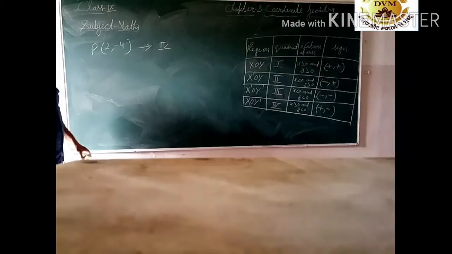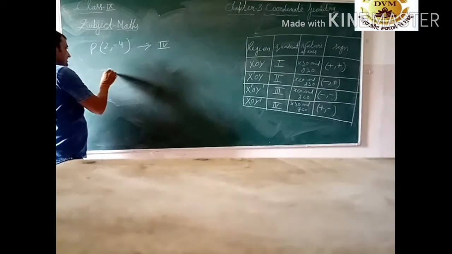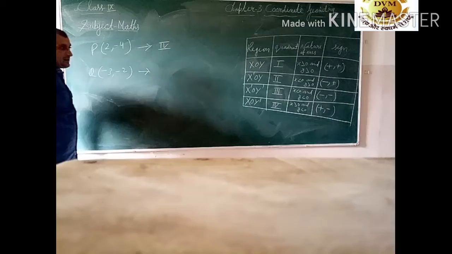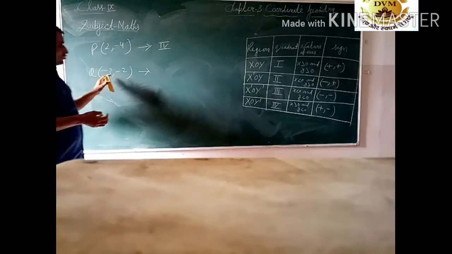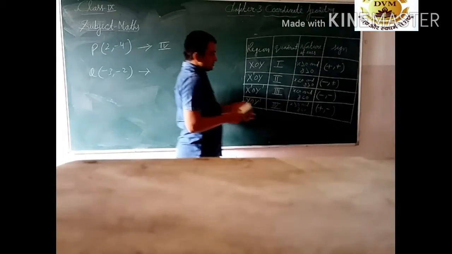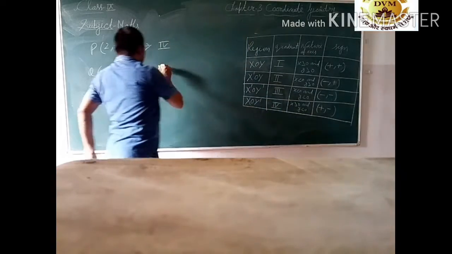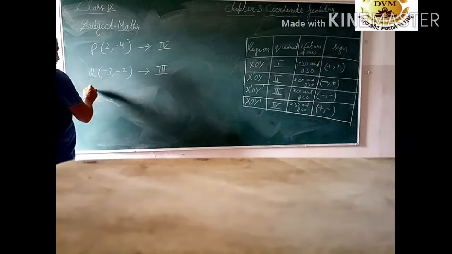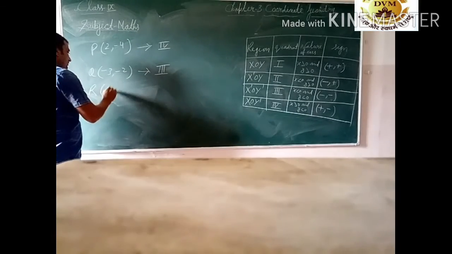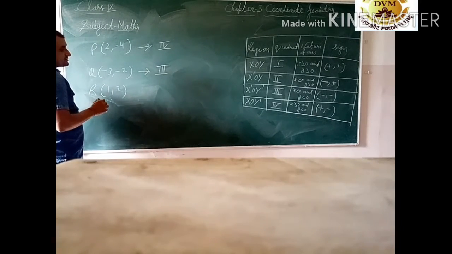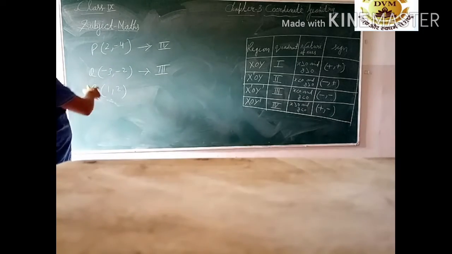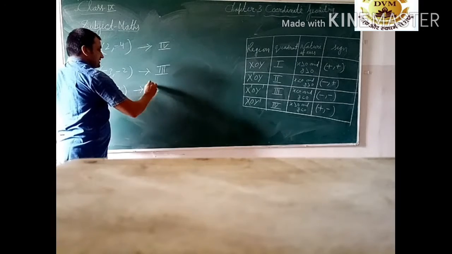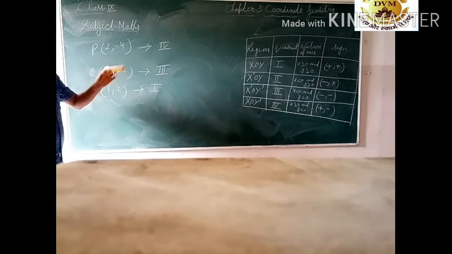Clear? Now (-3, -2), point Q, in which quadrant does it lie? Both are minus here, so it lies in third quadrant. Now point R (1, 2), in which quadrant does it lie? Both are positive here, so point R lies in first quadrant.